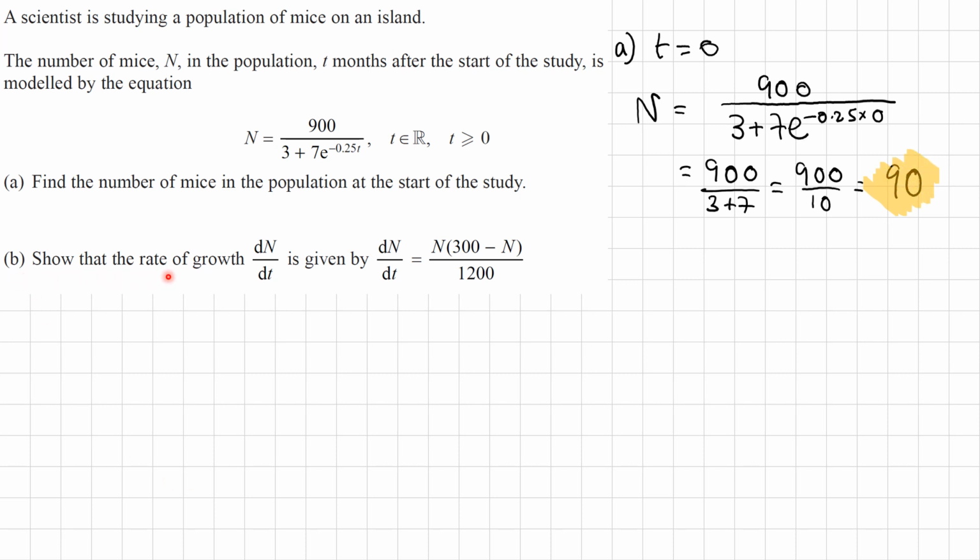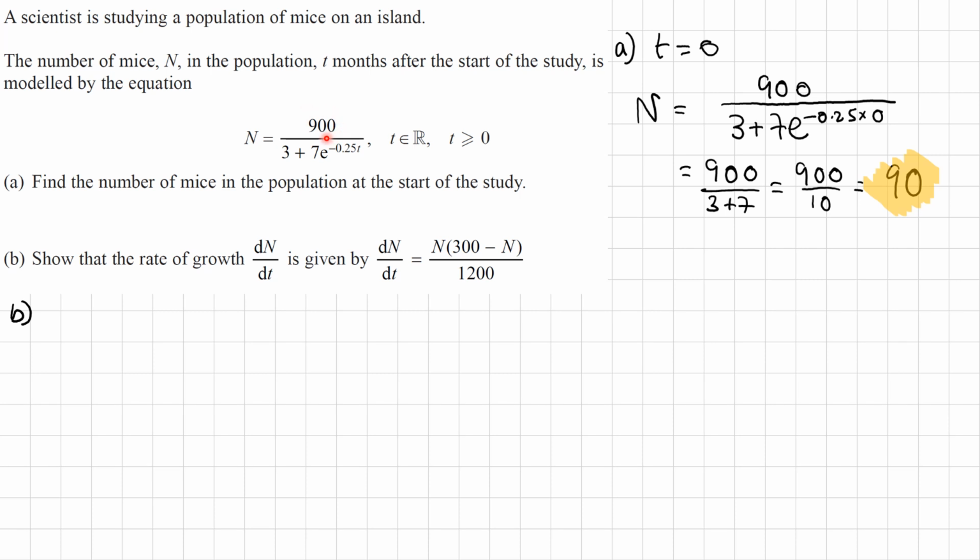Part B, show that the rate of growth dn dt is given by dn dt is equal to n times 300 minus n over 1200. Okay, so first thing I'm going to do is to rewrite this as a product so that I don't have to use the quotient rule.